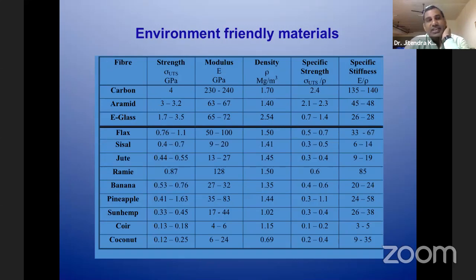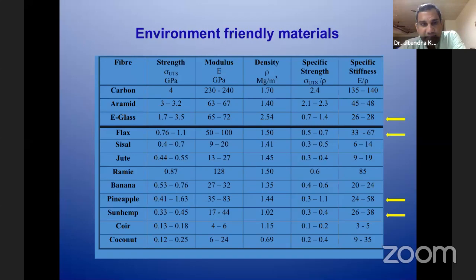As you have seen, these are the matrix materials which I showed you a few slides back. These are the synthetic fibers and these are the natural fibers. How can you correlate or optimize so that you get better mechanical, physical and chemical properties?